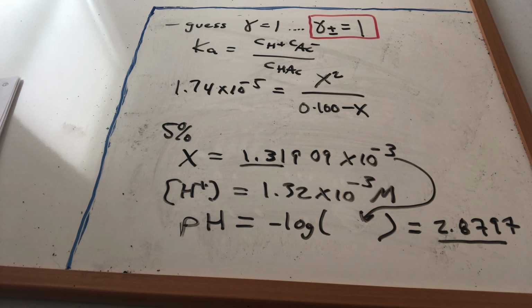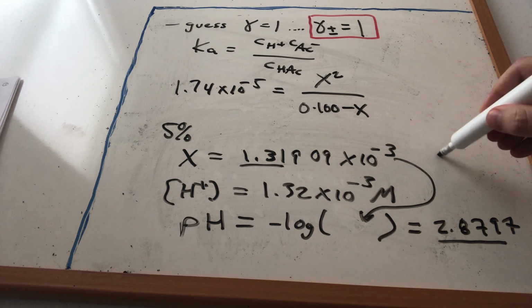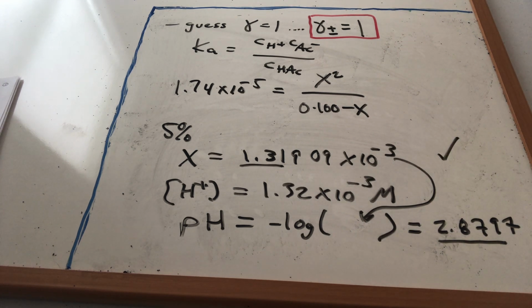So we do see that we get an acidic pH out. We used our 5% rule, so we should enact a 5% check, and the 5% check ends up working. If you get a number that doesn't make sense, remember that you probably used the 5% rule when you shouldn't have. Now this is exactly what you would do in Gen Chem.